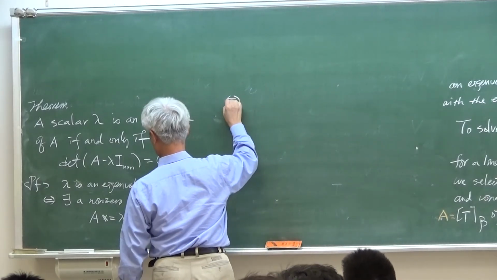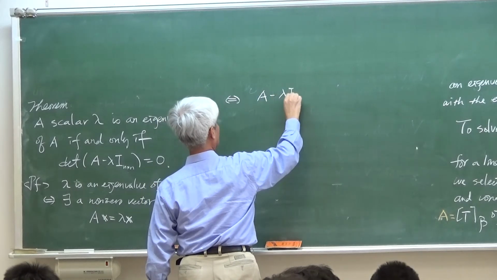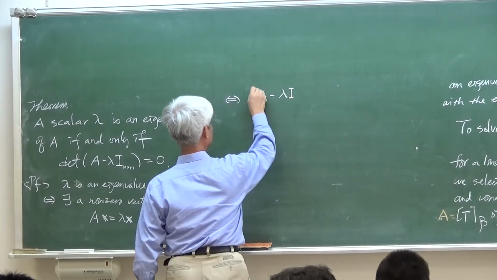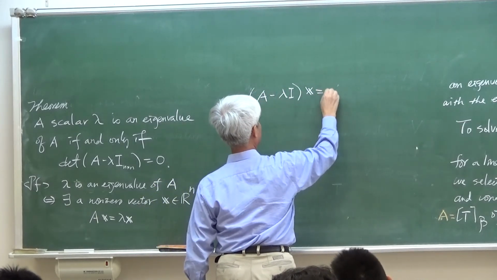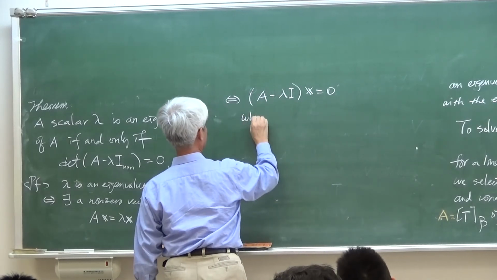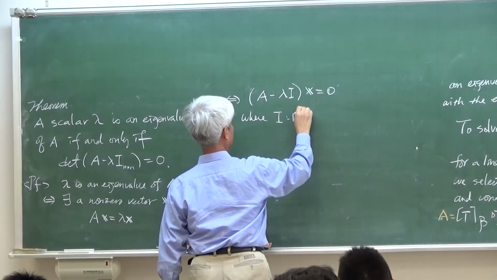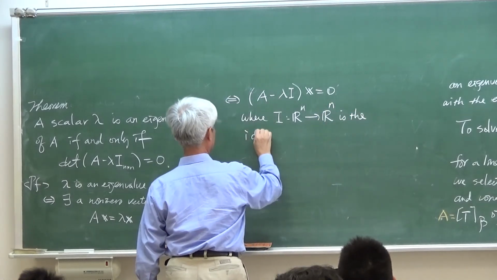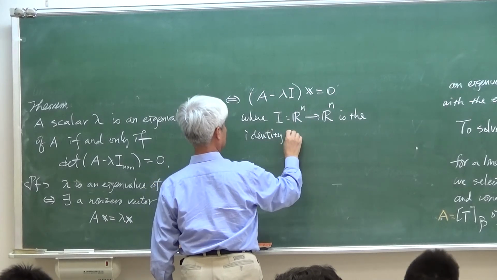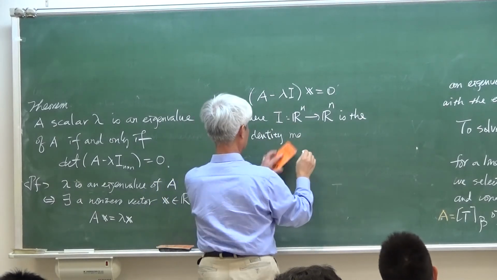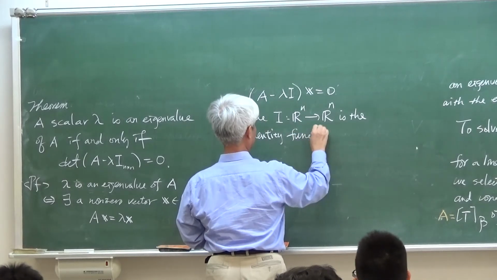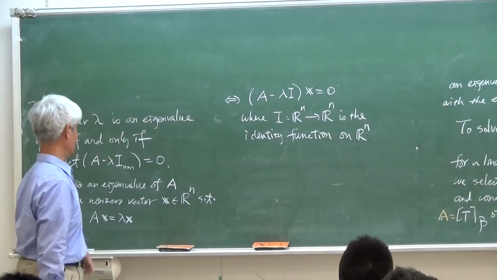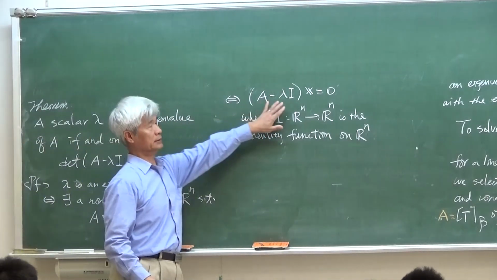So that means that (A − λI)x = 0, where I is the identity function.